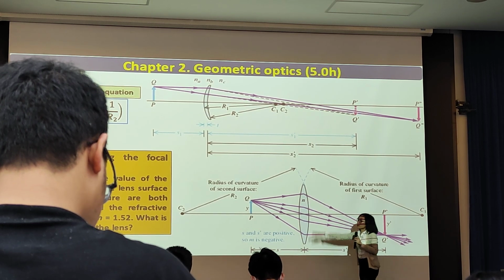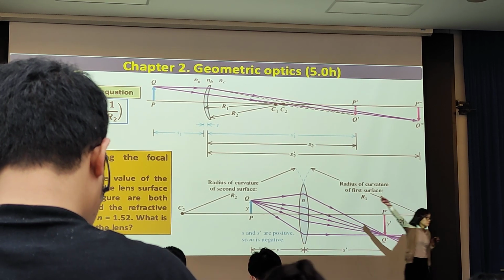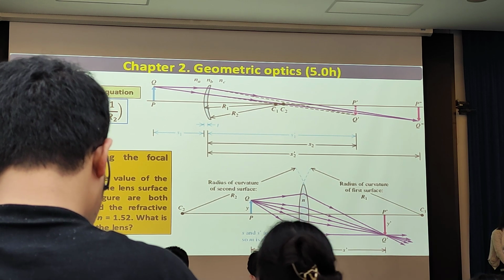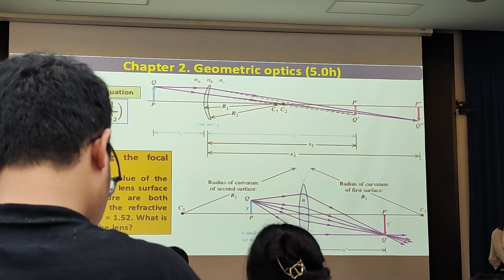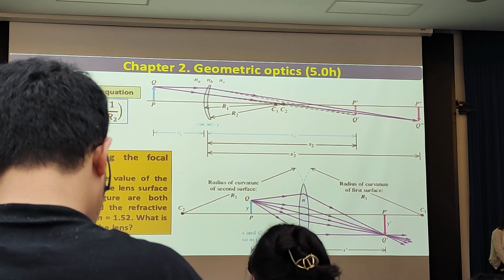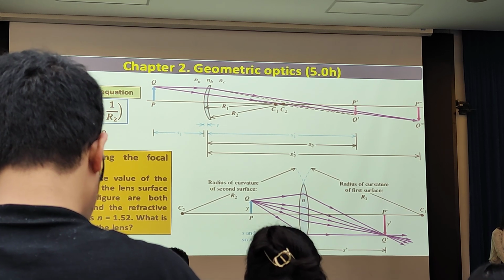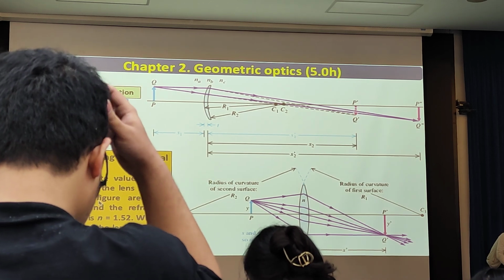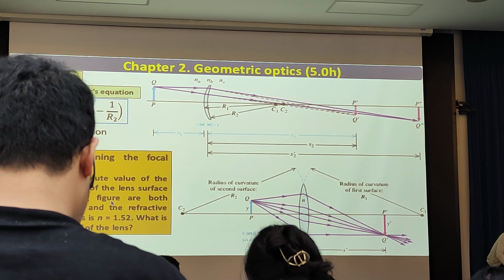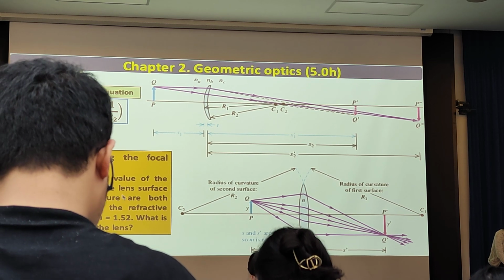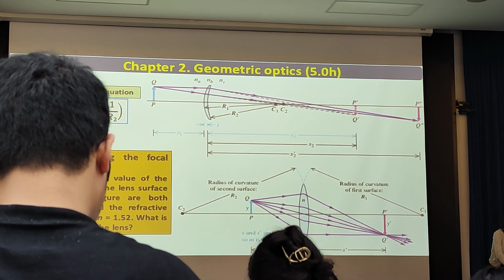So very important, we have that lens maker equation. The difficult task is to find R1 and R2. What are they? We have already provided that the absolute value of the radius of curvature of the lens surfaces is equal to 10.